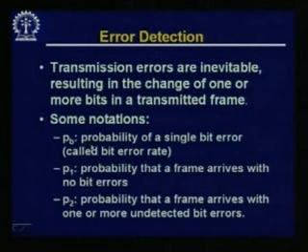Some notations: let PB be the probability of a single bit error, called the bit error rate, or BER. P1 is the probability that a frame arrives with no bit errors, and P2 is the probability that a frame arrives with one or more undetected bit errors. So, P1 is no error, P2 is one or more errors.